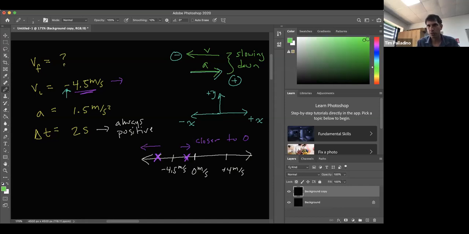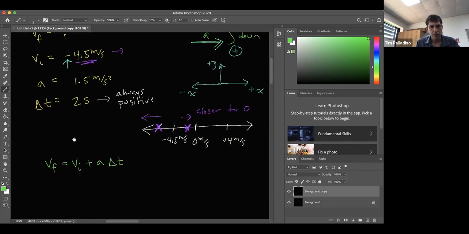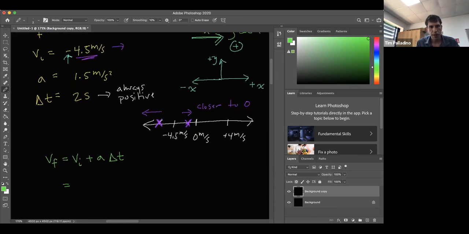So we have v final, the final velocity, equals the initial plus our acceleration times delta t. Again, we'll put negative 4.5 meters per second, plus our acceleration, 1.5. We're slowing down, but we still call it acceleration.